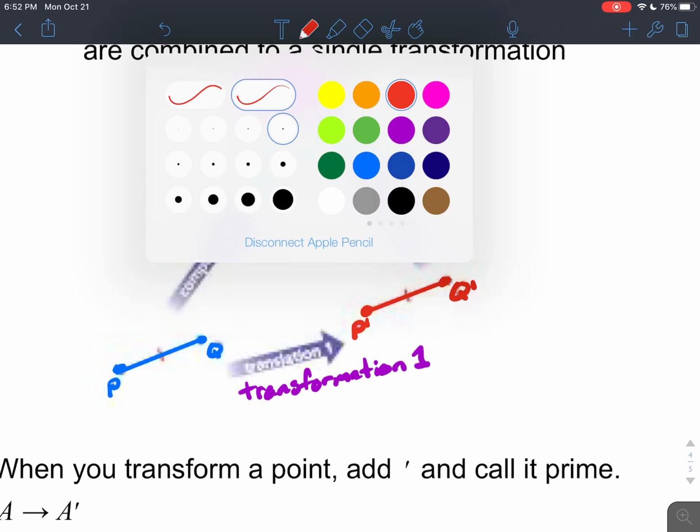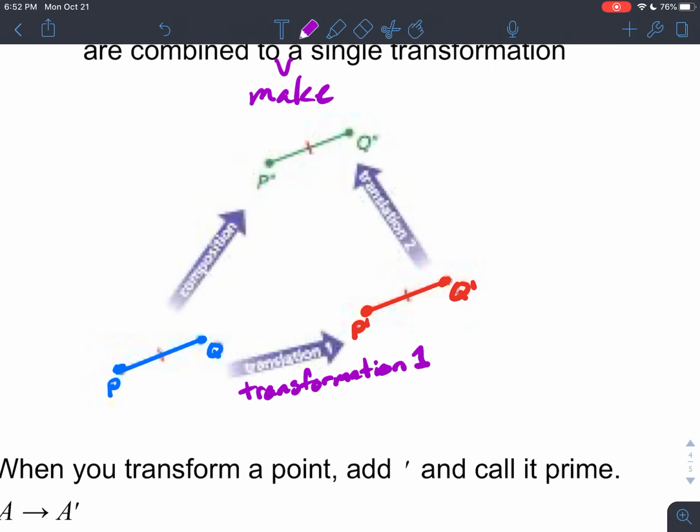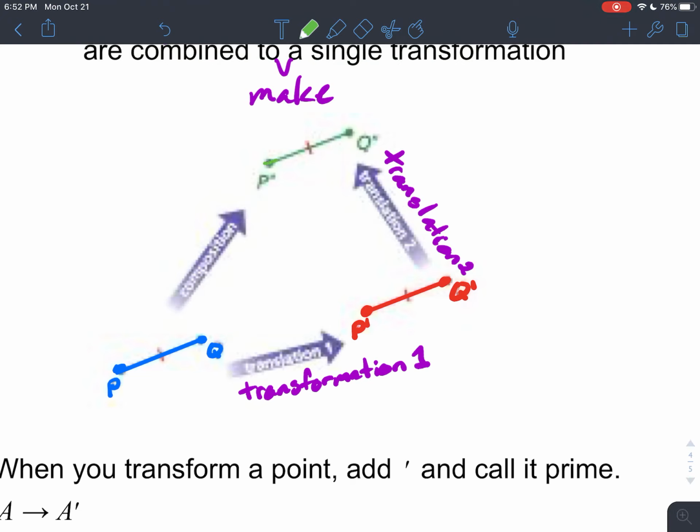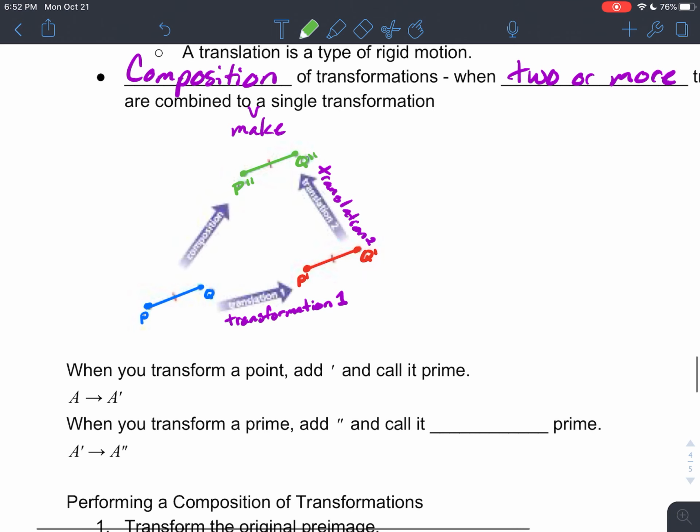And then if you translate it again, so translation 2, and you're translating the P prime Q prime, you end up with segment P double prime Q double prime. Okay.